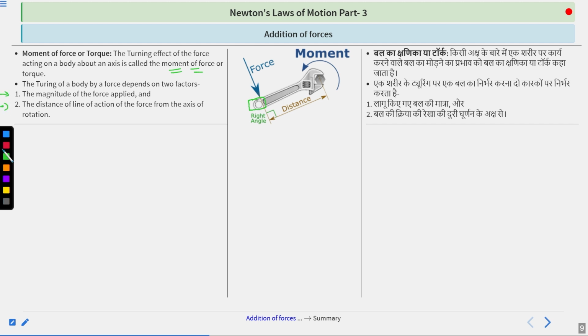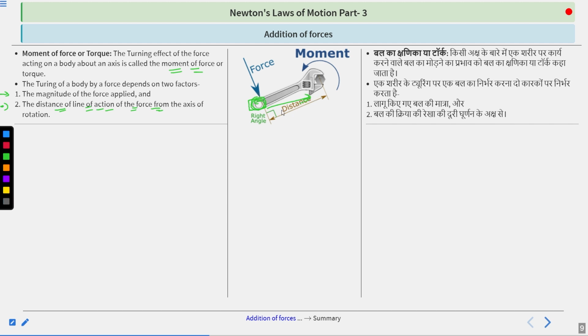First is the magnitude of the force applied, that is, with how much magnitude you apply the force on the point. The more the magnitude, the more the force will be; the less the magnitude, the less the force will be. And second is the distance of the line of action of the force from the axis of rotation. This is the axis of rotation. From here to there, what is the distance?